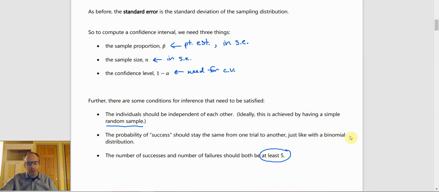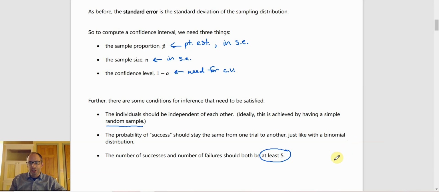The only time where that might cause trouble would be if your sample size is really small. Like if your sample size is 12, you probably got to check, right? But the other way is if your sample proportion is really extreme, and by really extreme, I mean either really close to 0 or really close to 1.